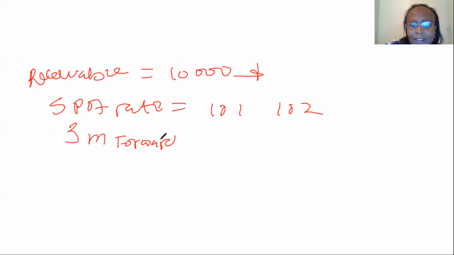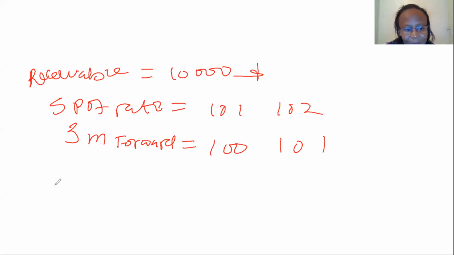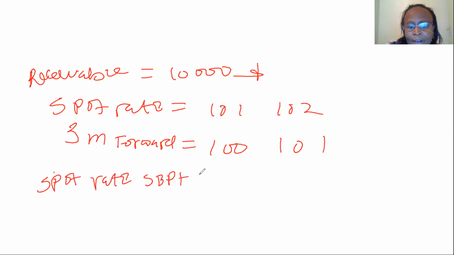You go to the bank and this is what you discuss. It's 100, 101. That is the contract you have been given. The spot rate in September happens to be, let's assume, 99 and 100.